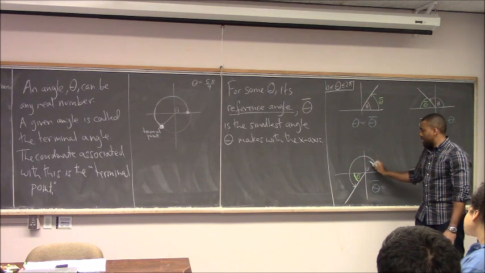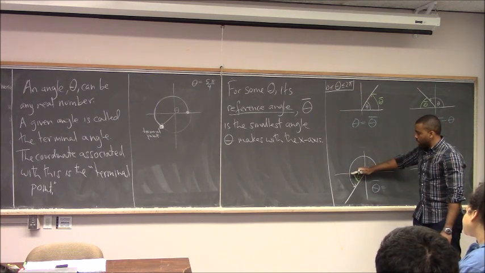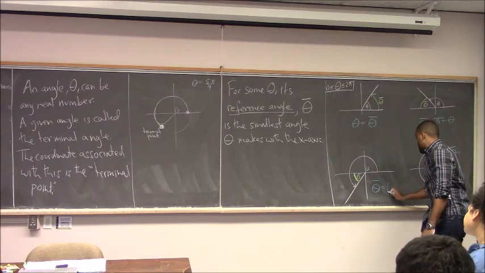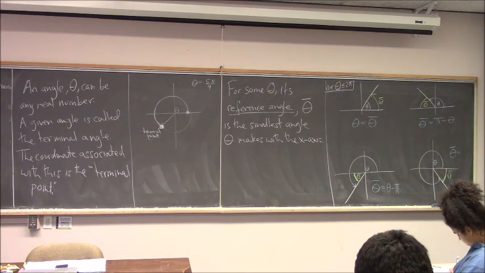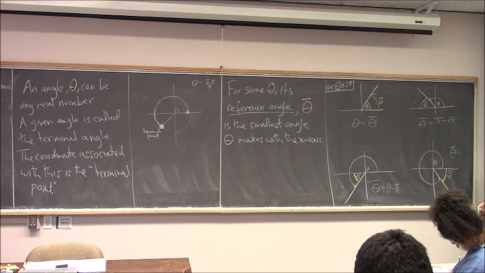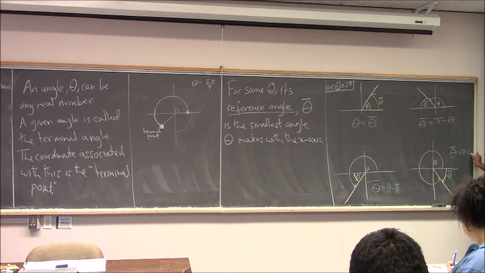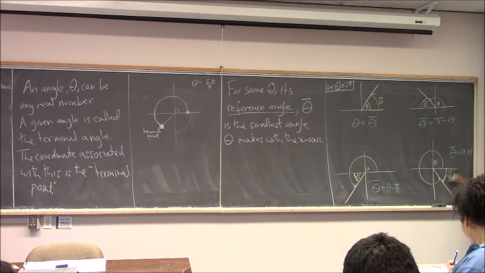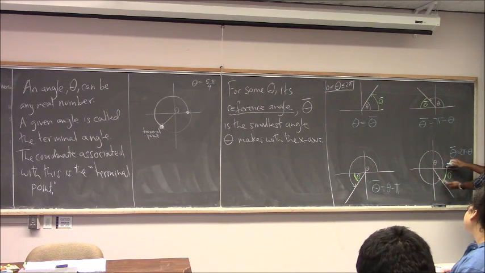We know that pi is this part. So if we take theta and subtract the pi part, we are left with this. So this is theta minus pi. This one, by similar reasoning, will be 2 pi minus theta, because to go all the way around is 2 pi. If you subtract the theta portion, you're left with the theta bar portion.